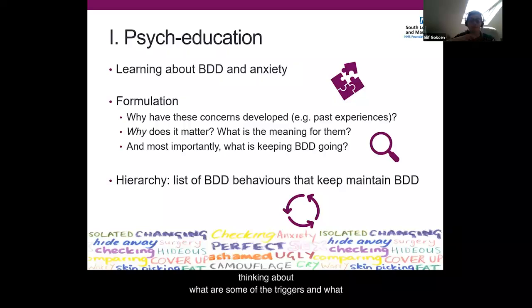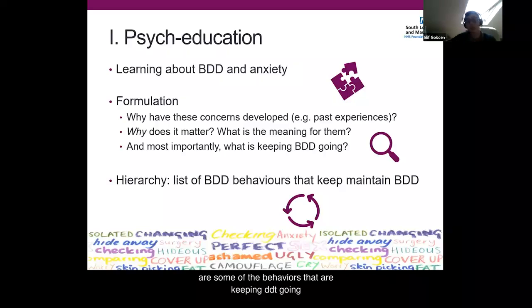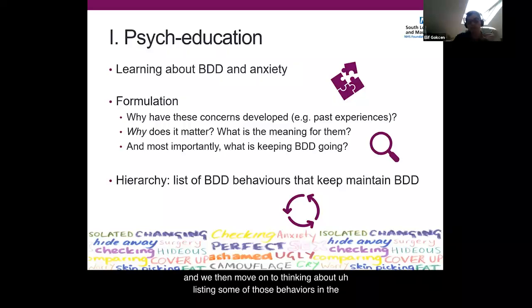And most importantly, thinking about what some of the triggers are and what some of the behaviours are that are keeping BDD going. We then move on to listing some of those behaviours in a hierarchy format, ranging from behaviours that you can't imagine stopping at the moment, to behaviours that might be a starting point to start challenging BDD with.